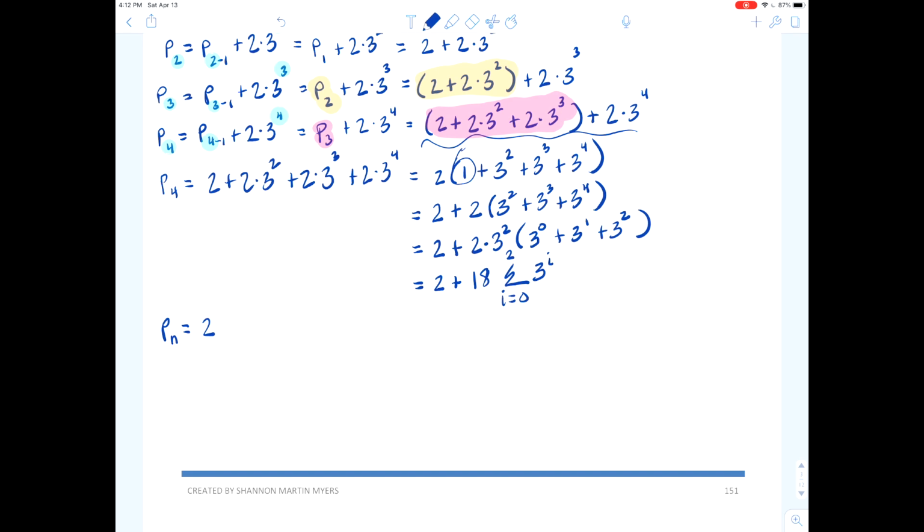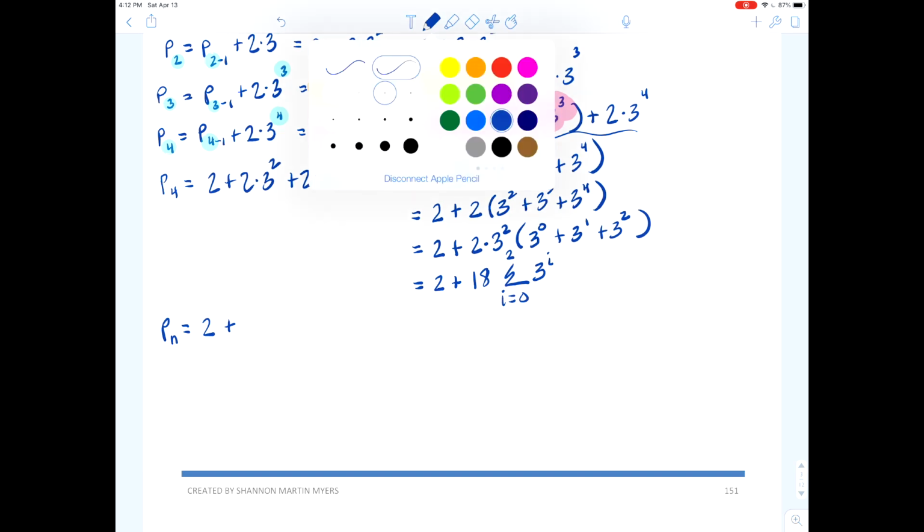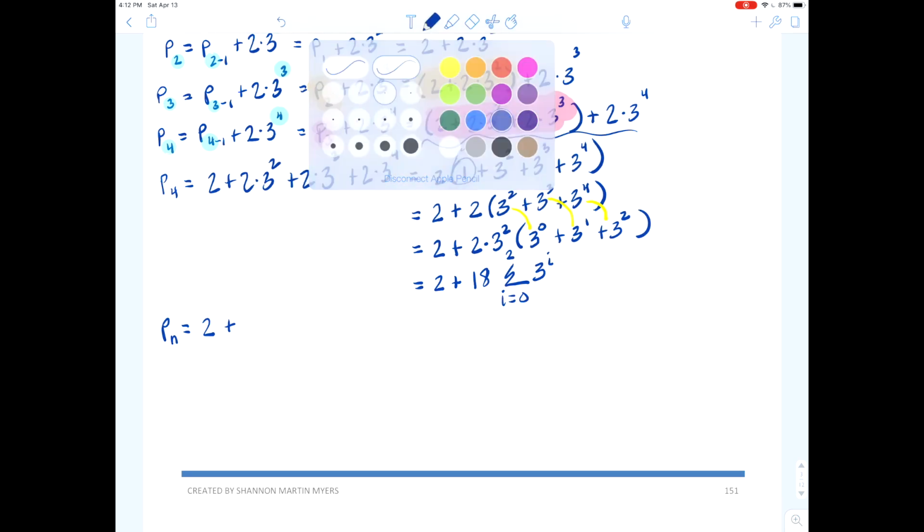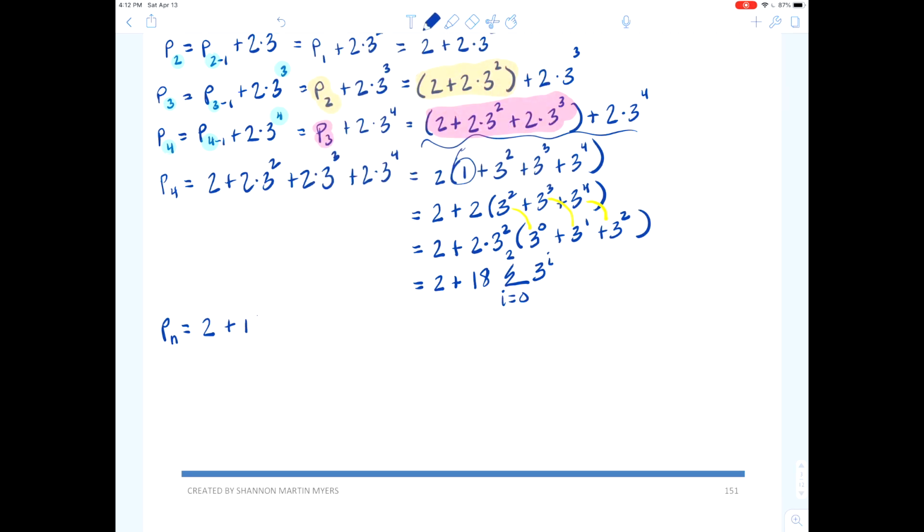We still have this 2 plus the 18 won't change, right? And here, everything had been decreased. If you take a look from term by term, do you see that the difference is the power decreased by 2 on the base of 3, right? So in general, we could write this as 2 plus 18 times the summation from I equals 0 to what?